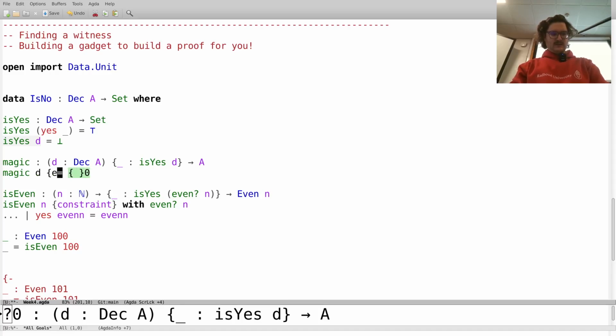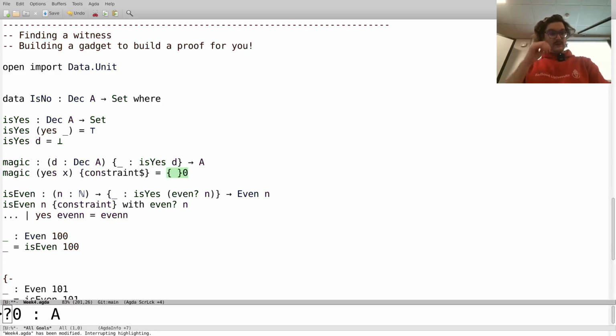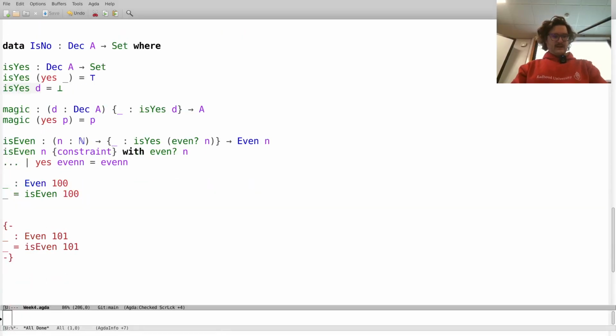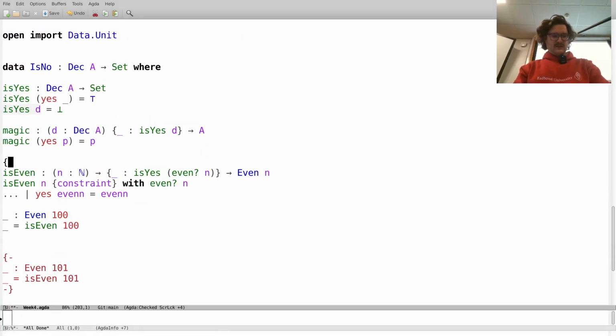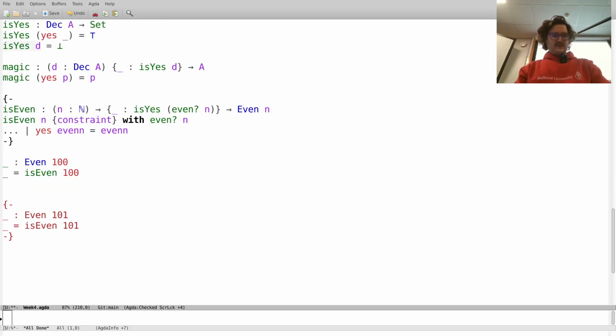I can actually match on it this time. Actually, I don't need to do the with. I don't even need to talk about this. Proof P. And now I can replace this stuff by just saying magic even 100.